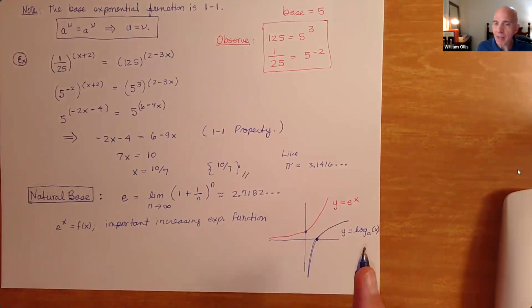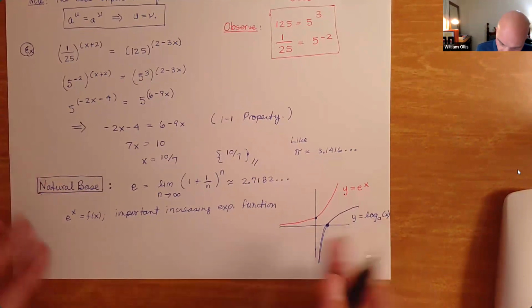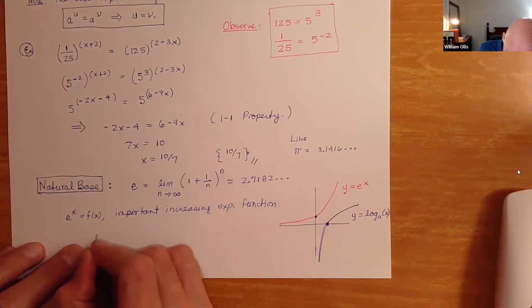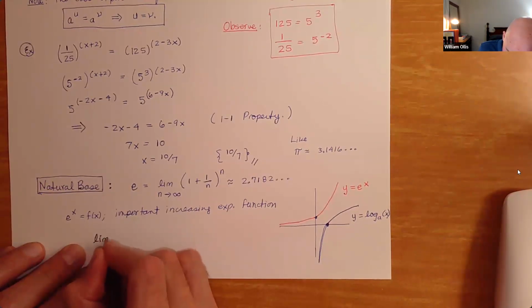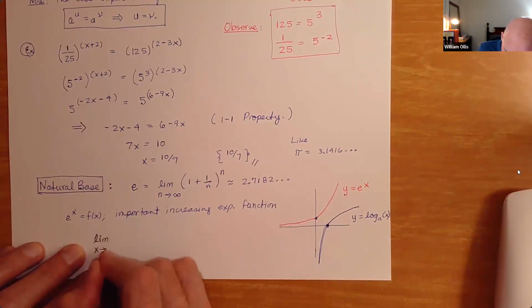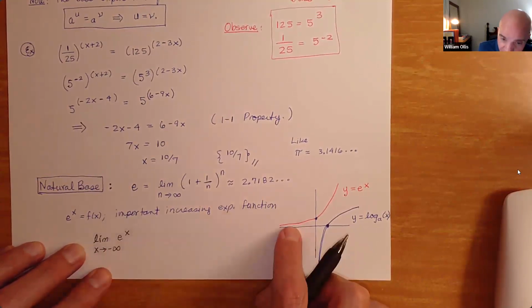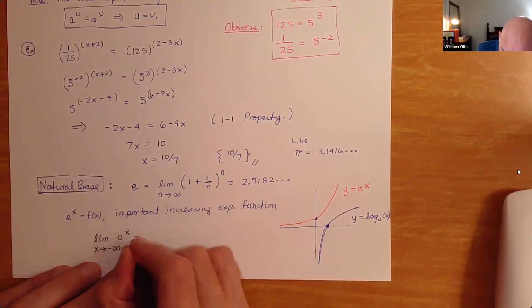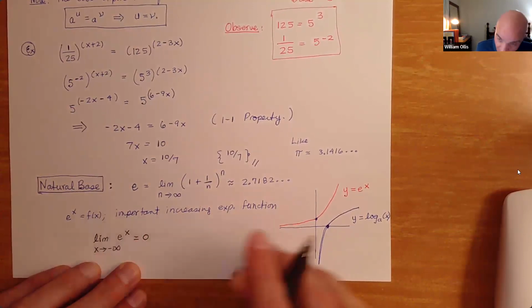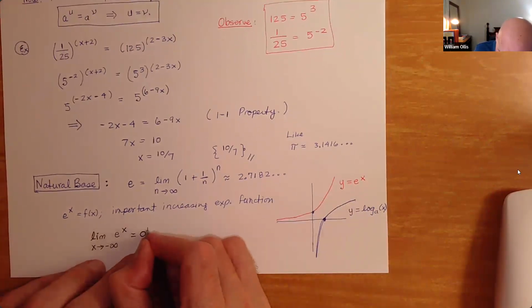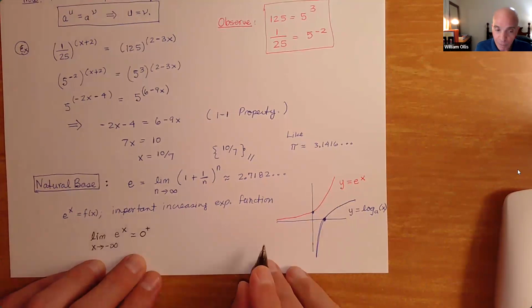So again, when we think about how things interchange, we can write down some very interesting results. For instance, notice here, we have the limit as x approaches negative infinity of e to the x would be 0, because y equals 0 is a horizontal asymptote. Now, of course, this is approaching from above, so we can put a little plus there.